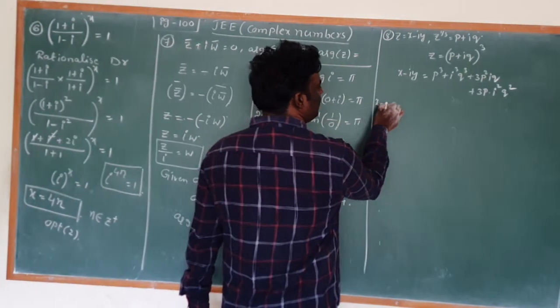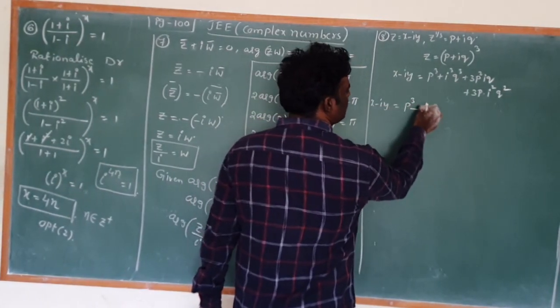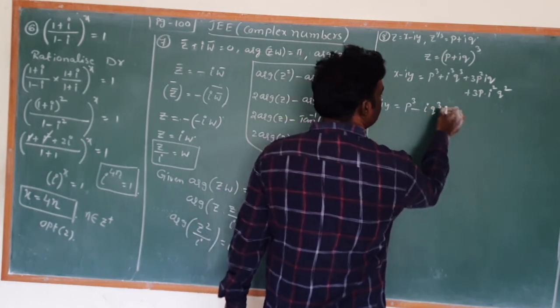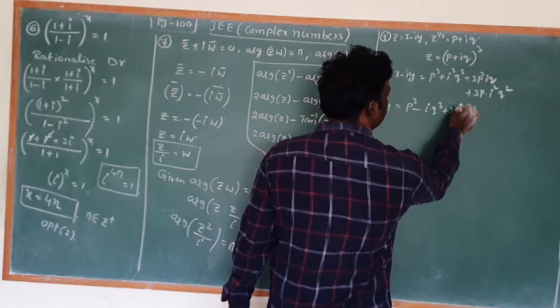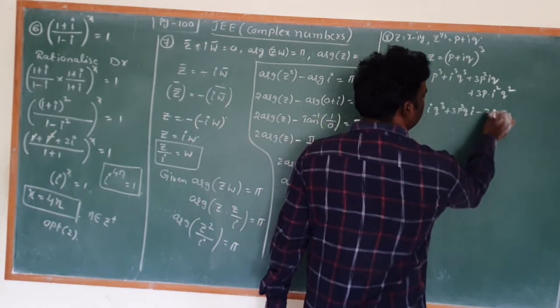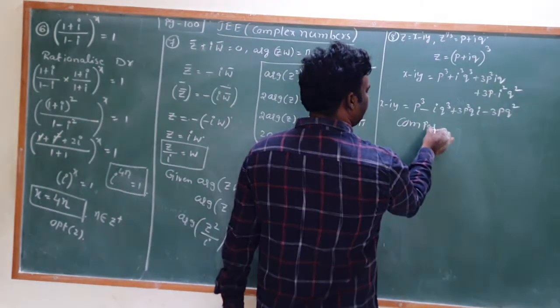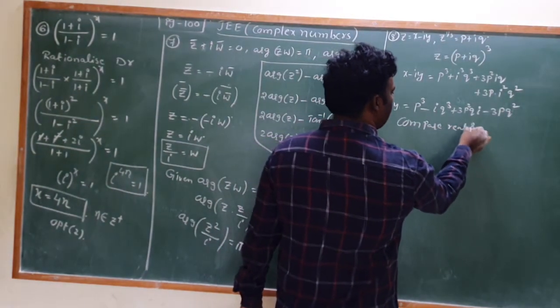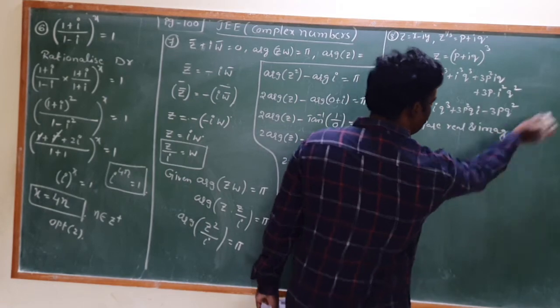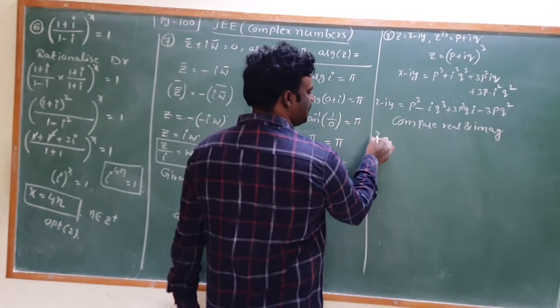Then x minus iy equals p cube, I cube value is minus I, plus 3p square q I, then I square value is minus 1, 3p q square. Now compare real and imaginary parts. So what is the real part here? X is the real part.